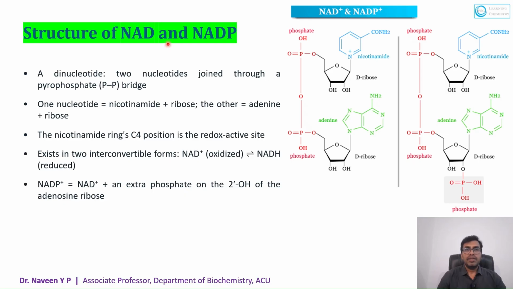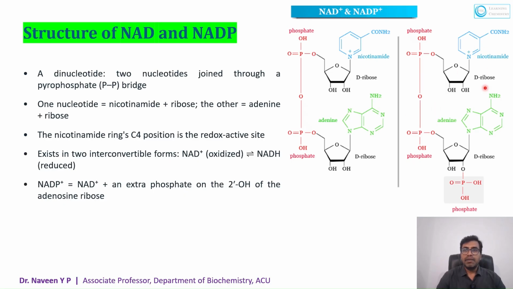The main structural difference between NAD and NADP is that in NADP, on carbon number 2 of the ribose attached to adenine, there is just an addition of a phosphate group over here. This is the only difference between NAD and NADP. In the cell, NAD is mainly involved in catabolic reactions, whereas NADP is mainly involved in anabolic reactions.